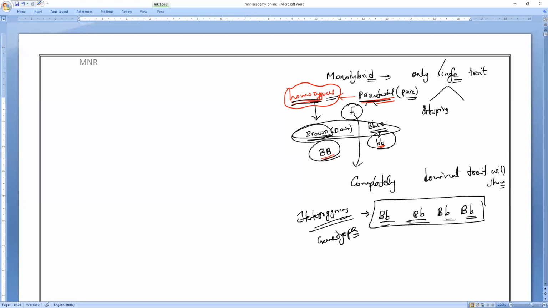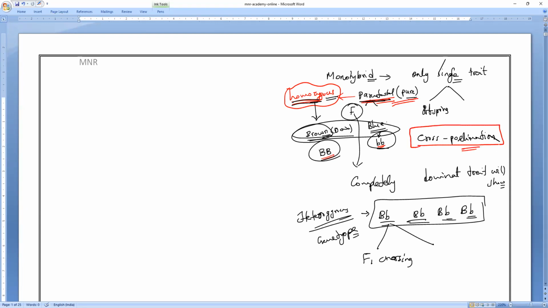Then if you cross the F1 generation, that is F1 crossing. You have to remember, in the parental crossing, it is not self-pollination. It is cross-pollination. You have to remember it. Whether it is monohybrid or dihybrid, it doesn't matter, the parental crossing is always cross-pollination.